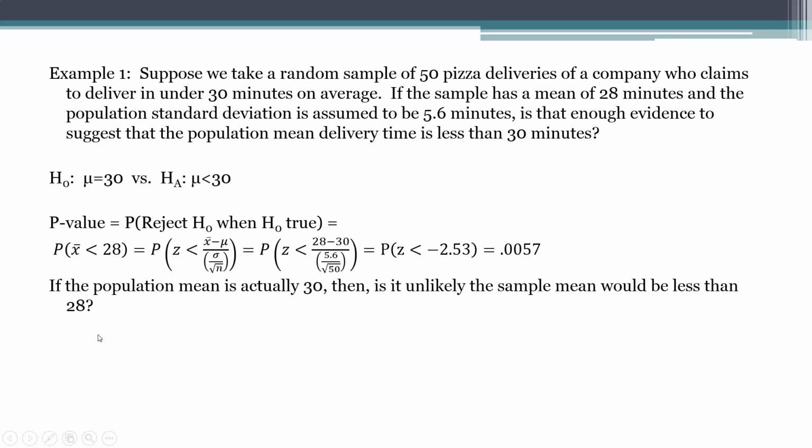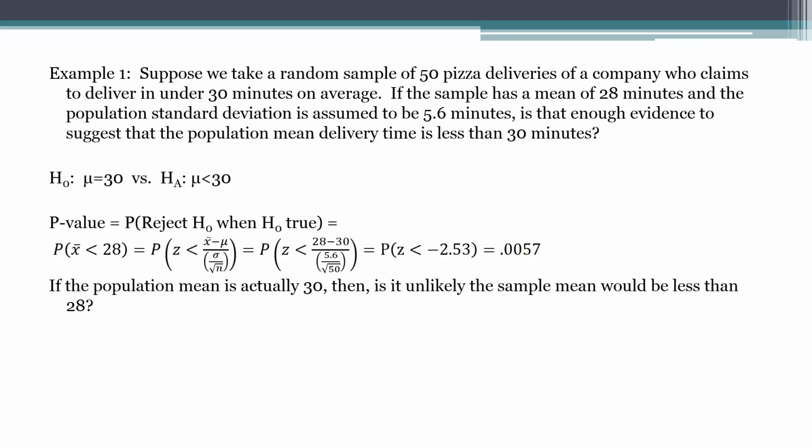So the question then is, assuming the population mean actually is 30, assuming the null hypothesis is true, is it unlikely that we would get a sample mean less than 28? Well, it depends on how we define unlikely. That's what our level of significance is. It's the threshold in a problem, the level of alpha, the level of significance.